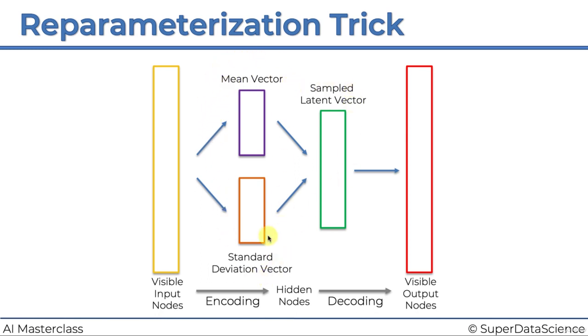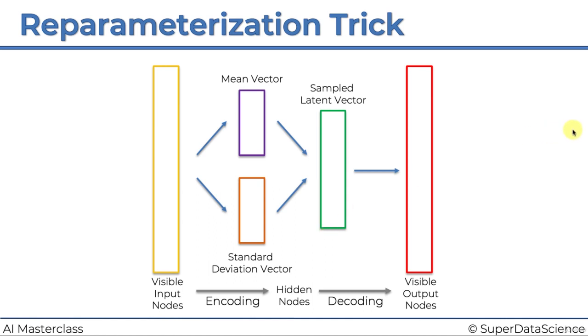And from this distribution we sample the latent vector. So every time we sample the latent vector, we get a slightly varying result, and then we use the sampled latent vector to perform the decoding. And so that allows us to accomplish that stochasticity or randomness that we are looking for in the variational autoencoder.